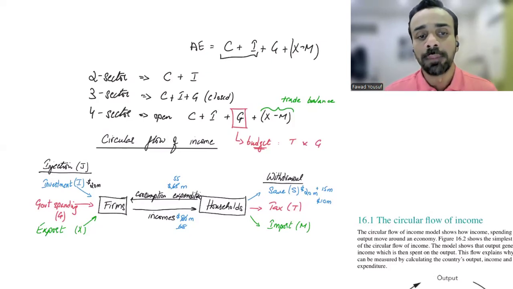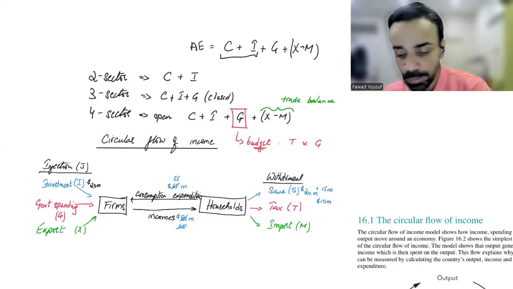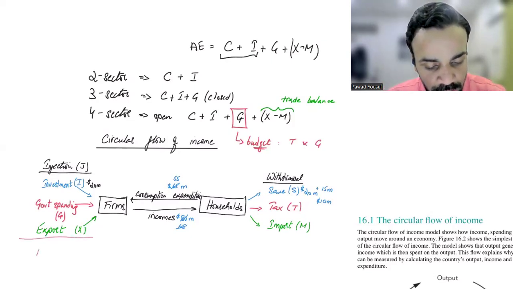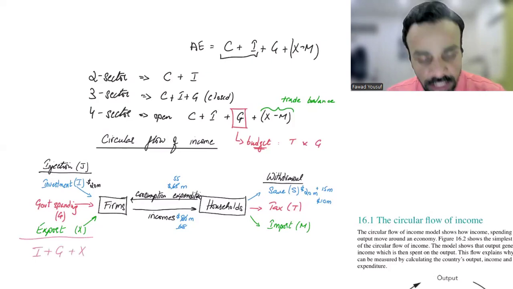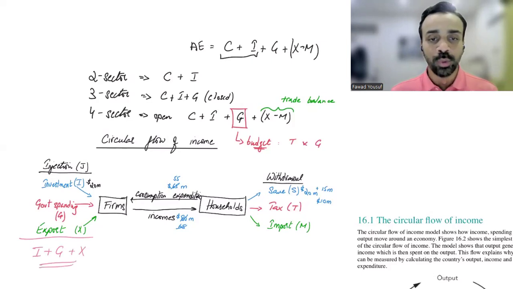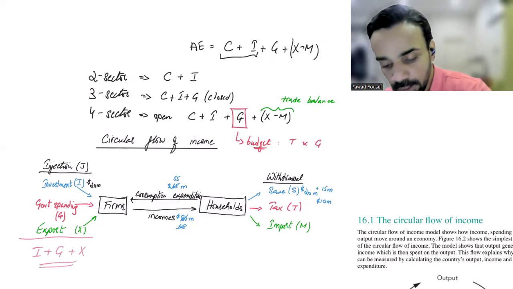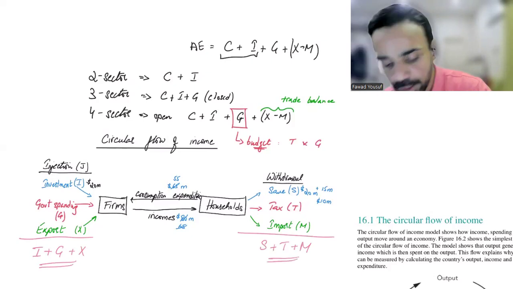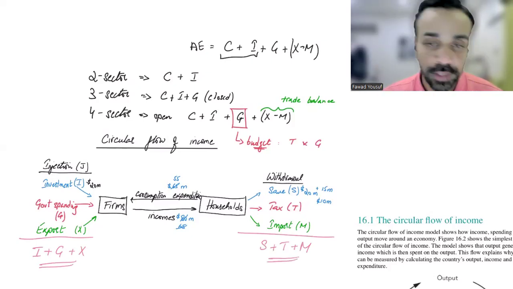Now this is your four-sector equilibrium where all your injections, by the way, what are your injections? Investment, government spending, exports. All three things bring the money into the system. Withdrawals are savings, taxes, imports. They take the money out of the system.